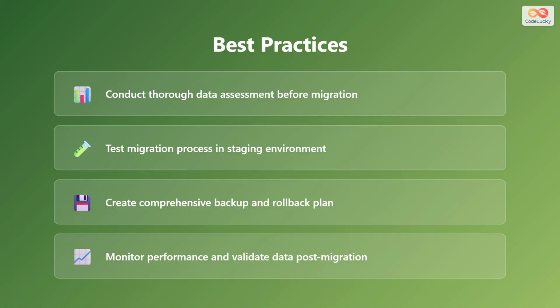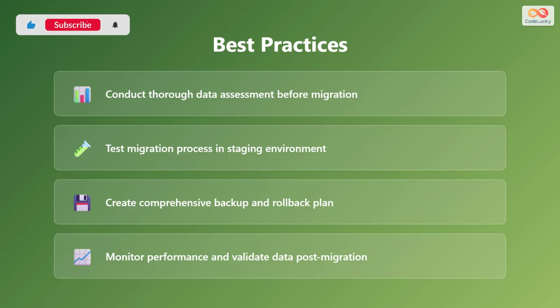Following best practices significantly increases migration success rates. First, conduct a thorough data assessment before migration. Understand your data volume, complexity, dependencies, and identify what actually needs to be migrated versus what can be archived or deleted. Second, test the migration process in a staging environment that mirrors your production setup. This allows you to identify and fix issues before the actual migration without impacting live systems.